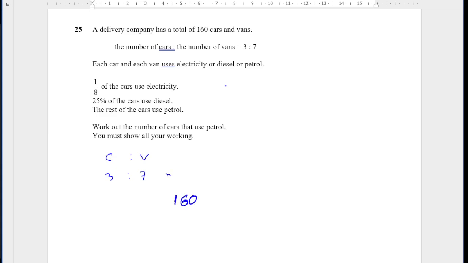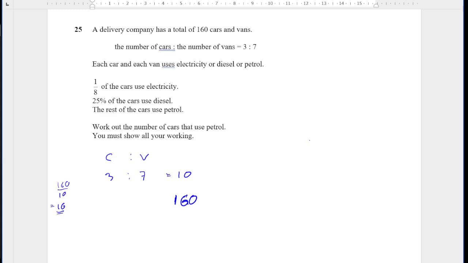So we've got a total of 10 parts. So we've got 160, so each part is going to be 160 divided by 10, which is going to be 16. So I'm going to leave it there for now. I'm going to come back to that shortly.